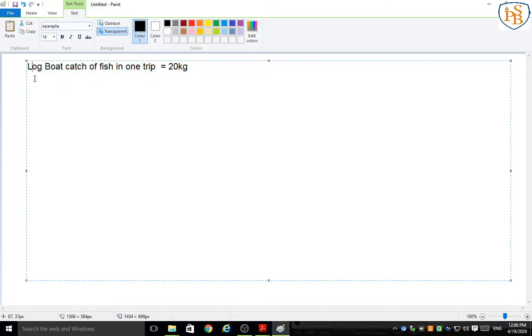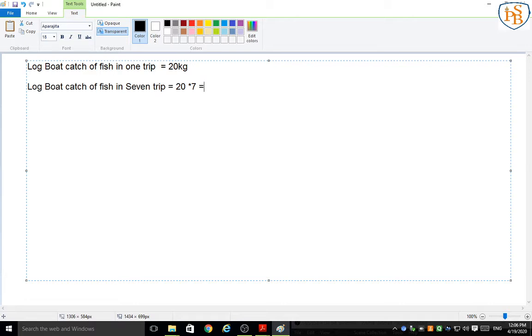Okay students, this they already gave. Now we have to find out how much the log boat will collect in 7 trips. So how can you find out? Yes, here we have to multiply 20 by 7.